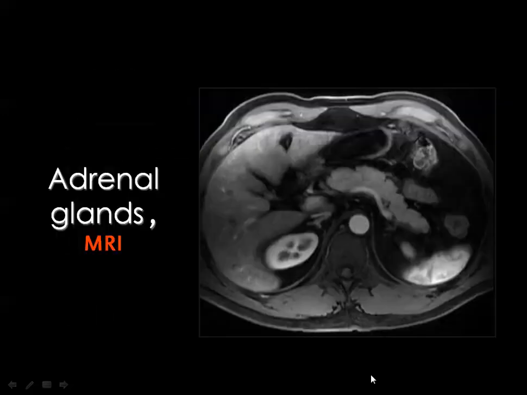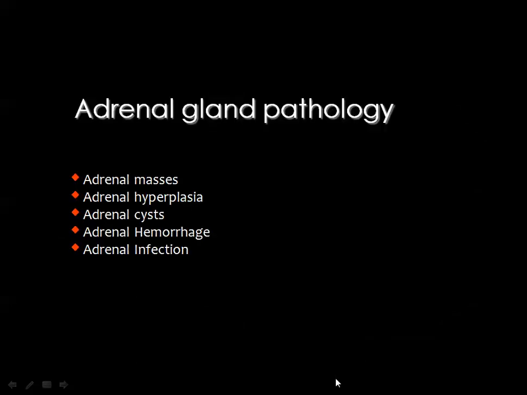By MRI, this is a contrast-enhanced T1 weighted image with fat suppression as well. Then you see the adrenal gland on the right side, showing the typical configuration. The adrenal pathology we would like to handle includes adrenal masses, the differential diagnosis, adrenal hyperplasia, adrenal cysts, hemorrhage, and infection.